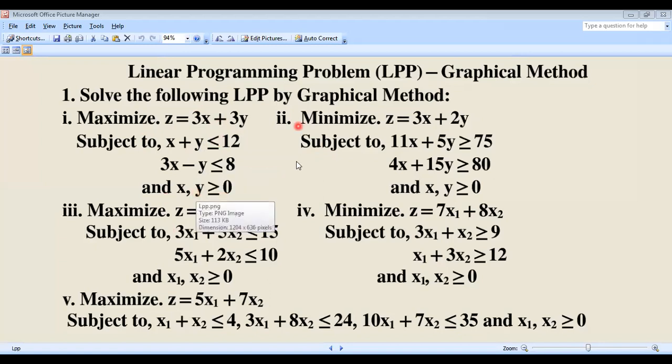Similarly, number 2: minimize z equals thrice x plus twice y, subject to the constraints 11x plus 5y greater equal to 75, 4x plus 15y greater equal to 80, and x, y are the non-negativity restrictions. Similarly, 3 and 4 are also maximize and minimize problems. And number 5 has 3 constraints with 2 decision variables. So now we will try to solve these problems on the board.